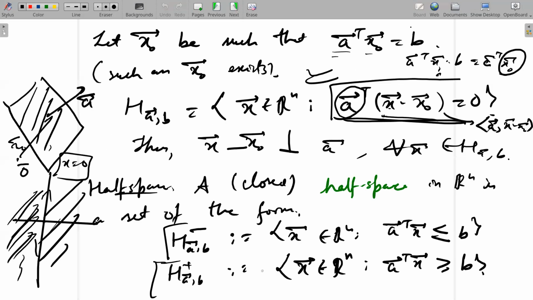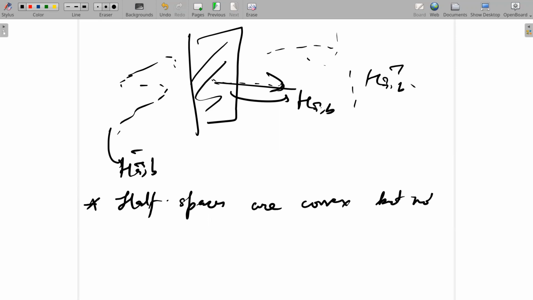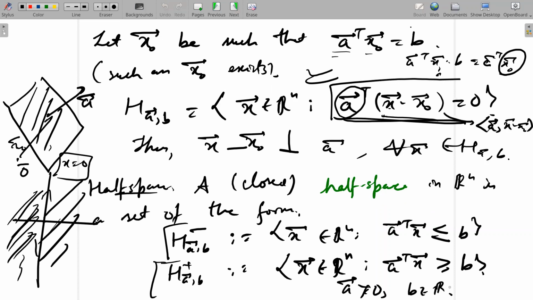Again, I didn't specify here, but it's the same: A is not equal to 0 and B is a scalar. One thing to remember is hyperplanes are affine sets, but half spaces are not. Half spaces are convex, but not affine. But as you can see, a single linear inequality.